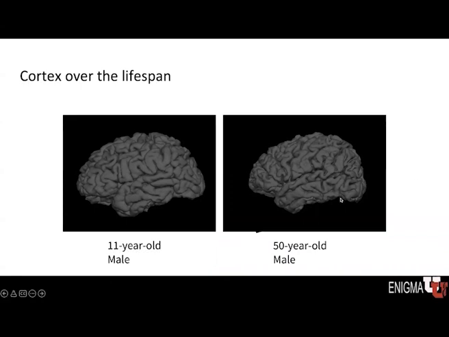You may notice that in the 50-year-old male, you're able to see the more pronounced grooves between the gyri, or the bumps, and the gyri themselves don't look as full or plump as you see in the 11-year-old male.